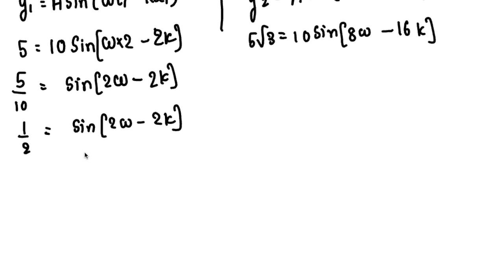Now we know that sine of theta is 1 by 2 only if theta equals 30 degree. That means 2 omega minus 2k equals 30 degree, that is pi by 6.